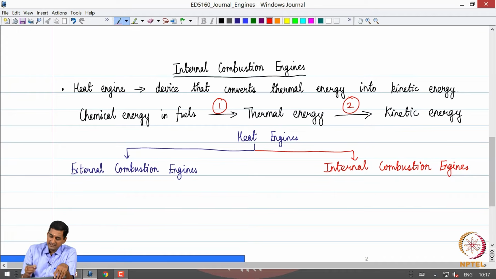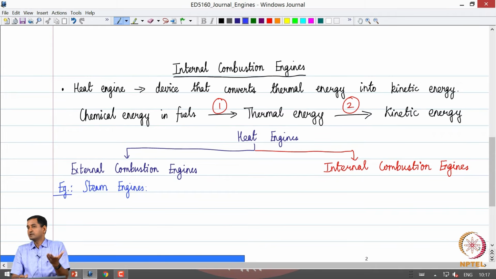Let us say a good example of an external combustion engine is the steam engine. I am sure all of us would be aware of steam engines. In a steam engine, what do we do?